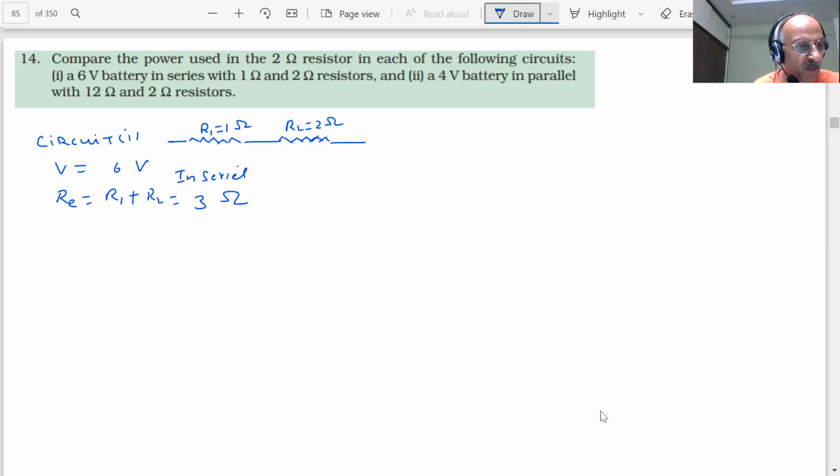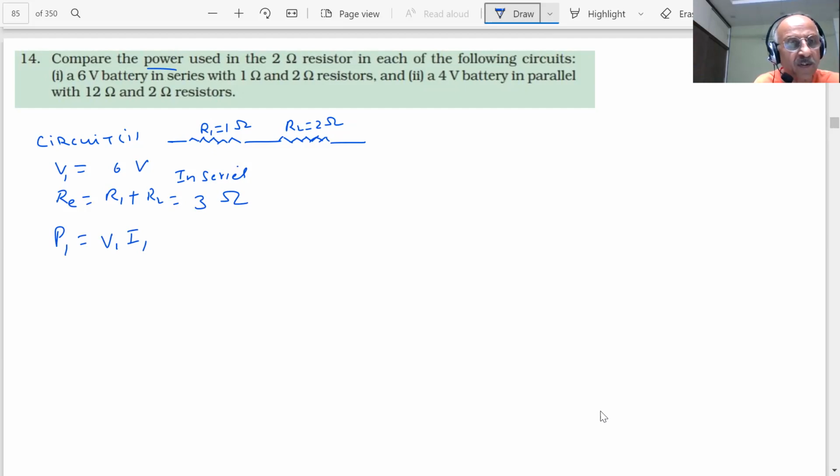What is the formula for the power, student? Power P1 will be equal to V1 into I1. So we have to calculate. V1 is 6 volt. What is the I1, student?